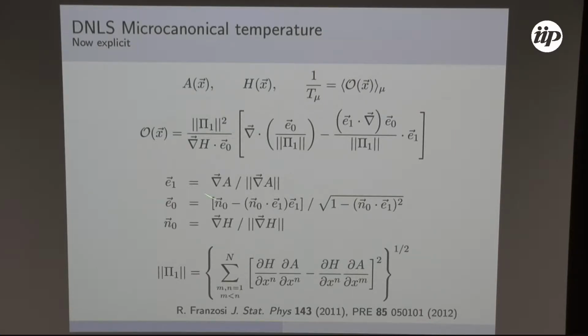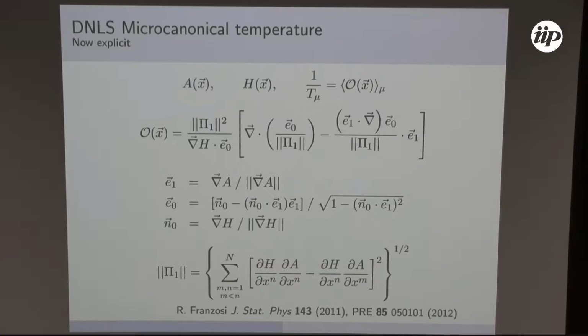If you want to put this definition in a computer to measure temperature, you have to be quite smart, because otherwise it can happen that your computer takes more time computing this temperature than evolving the system.